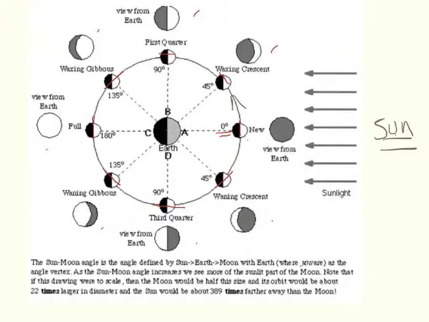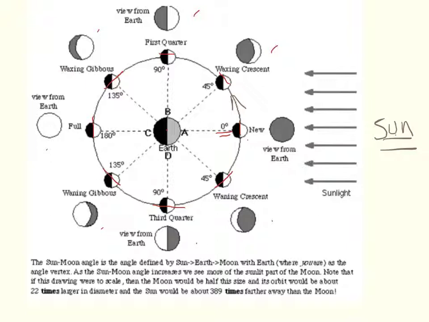When the angle is 90 degrees between the moon, the Earth, and the sun, now we're seeing half of the moon illuminated and half of it's going to be dark, so this is what we would see. This is called a first quarter. When the angle is 135 degrees, this angle is what we're talking about right here. It's 135 degrees. We see what we call a waxing gibbous.